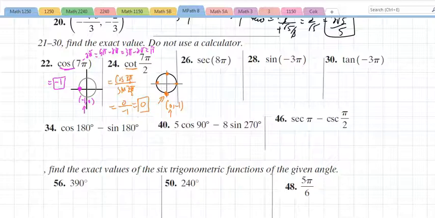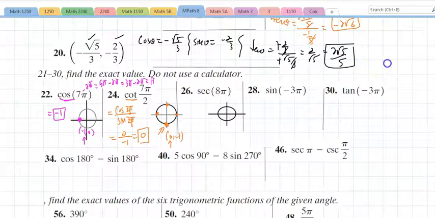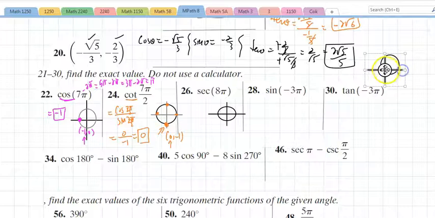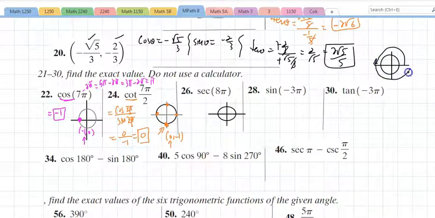How about 8 pi? Well, let's get this out of the way. It's fairly simple to do because if I look at a circle, do we all agree that all the odds, this is 1 pi, if I circle again, that's 3 pi, right?